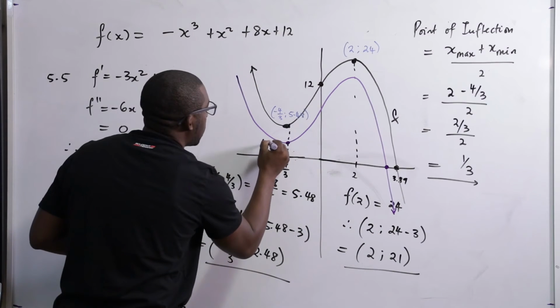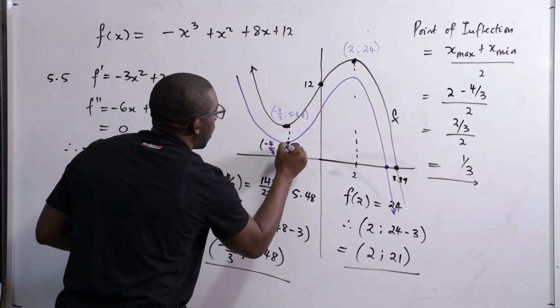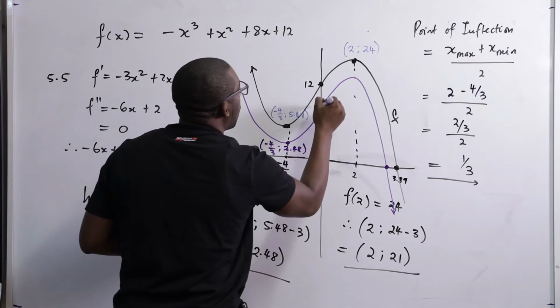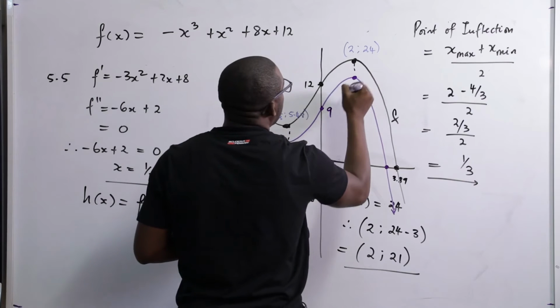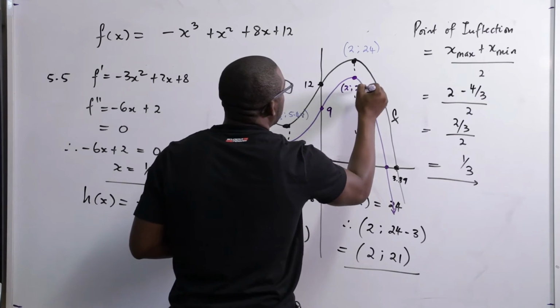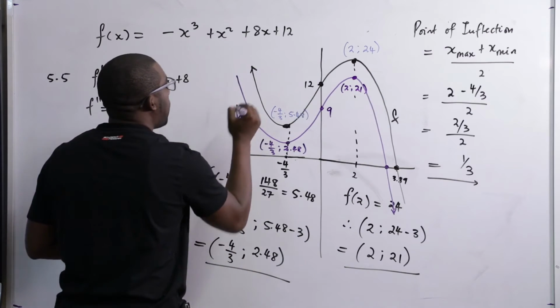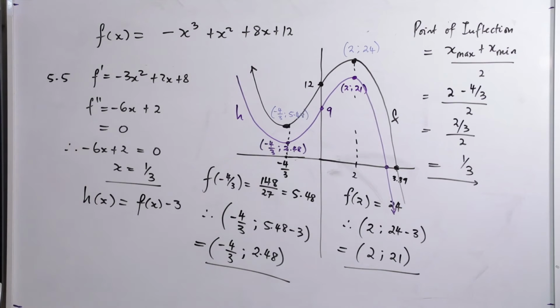And this turning point is negative 4 over 3 and 2.48. The y-intercept is no longer 12, it's now 9. And this turning point is 2 and 21. This purple graph is h of x, and the black graph is the original graph of f.